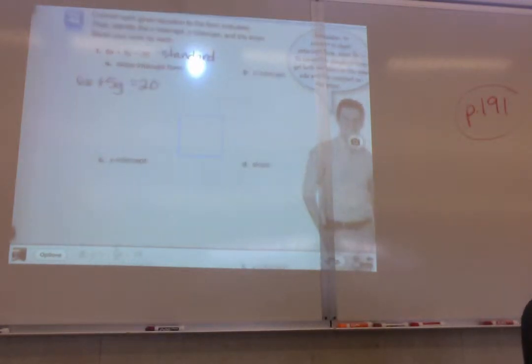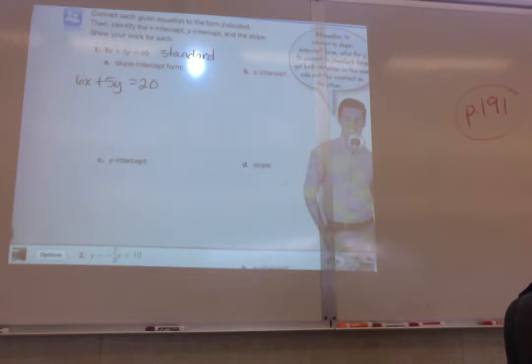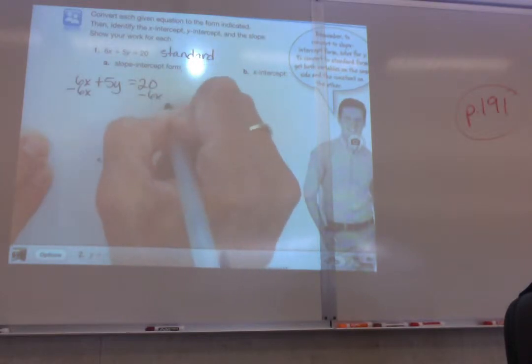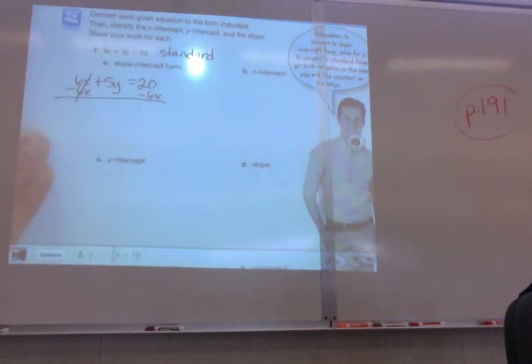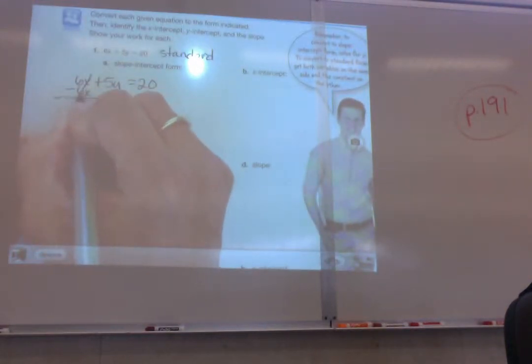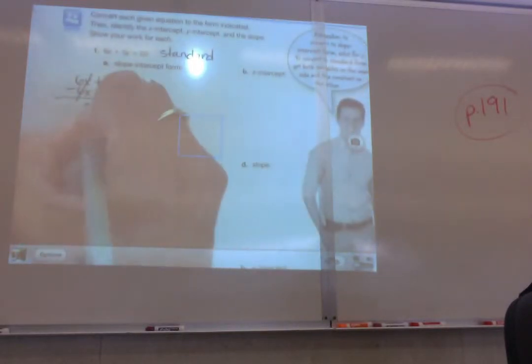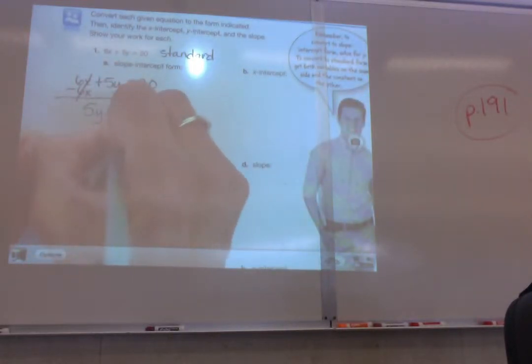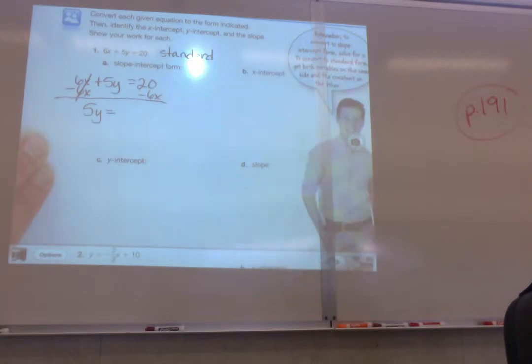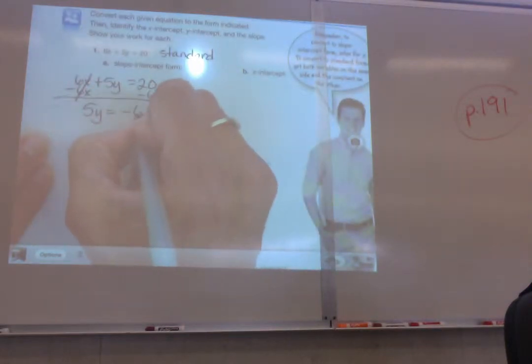To get this into y equals, the first thing I'm going to need to do is move this 6x. Because I want the y term by itself. On this side, positive 6, I'm going to cancel out with a negative 6, leaving 5y equals. On this side, these two do not add, because one has an x and the other doesn't. So I rewrite it as minus 6x.